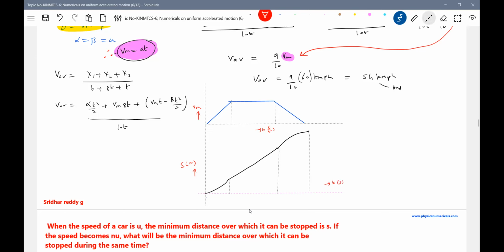Sir, can you plot the acceleration versus time graph also? You are showing only these things. Okay, let's try that also. First, acceleration. So how do we represent acceleration? Then in uniform velocity motion, acceleration will be 0. Then retardation.